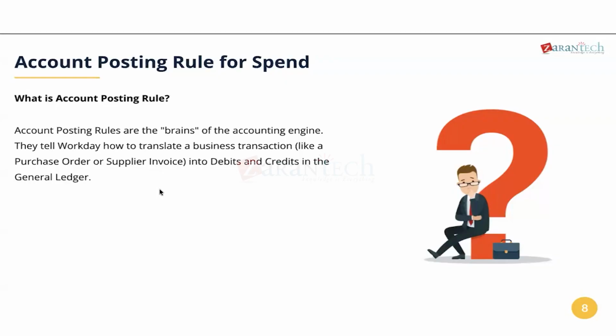And how would the operational journals get to know that your purchase has to be mapped to a particular account?